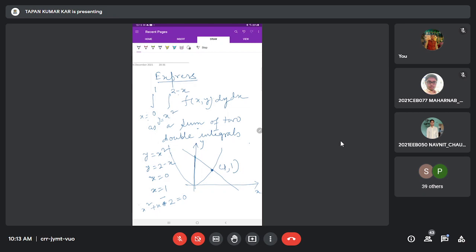So the line x equal to 1 will pass through this point. So your region of integration is this one. This is the region of integration.